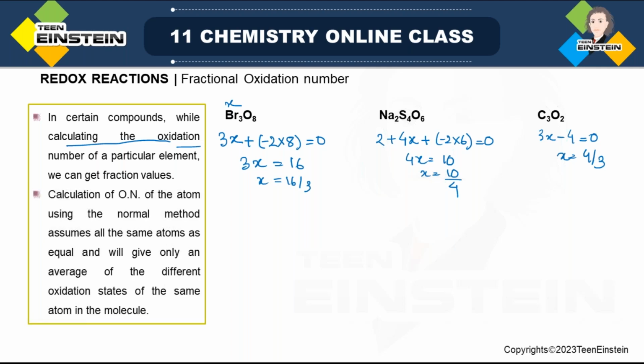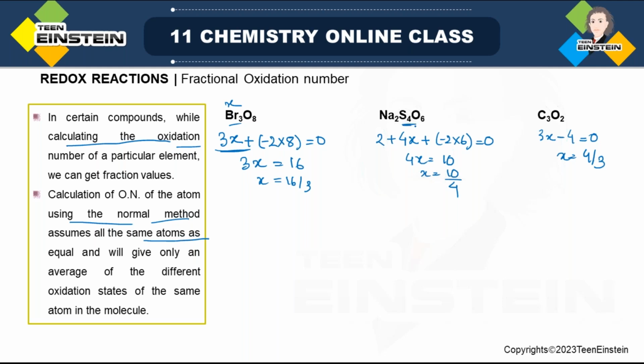So how does it occur? When we calculate oxidation number by the normal method that we follow, we assume all the same atoms are the same. In the first case you have a total of 3 bromine and you are considering all the bromine the same, which is why you have written 3x.